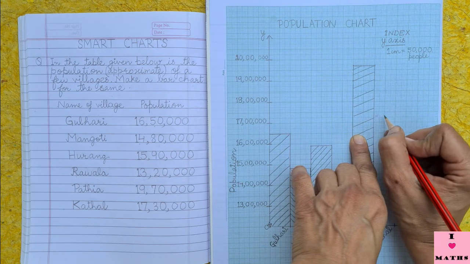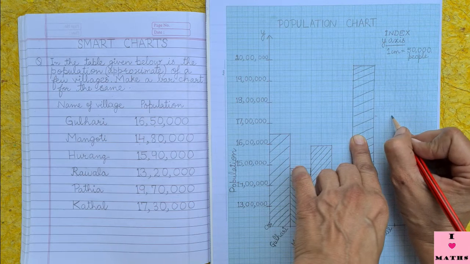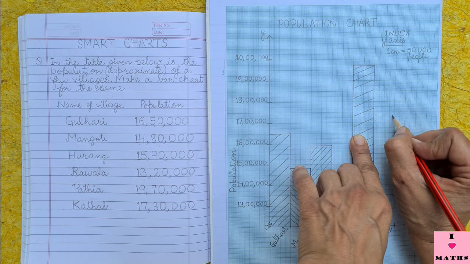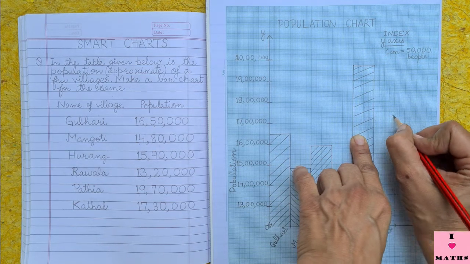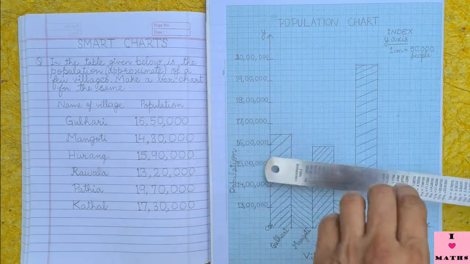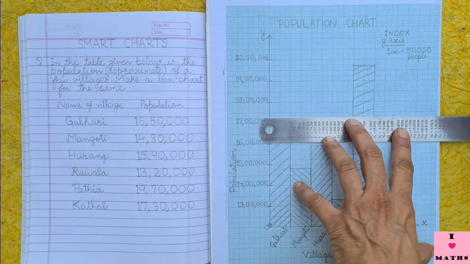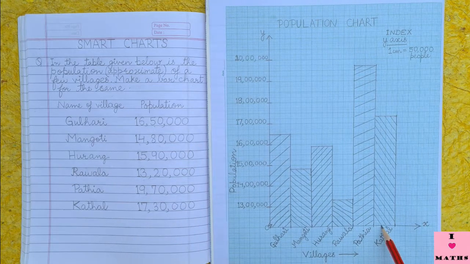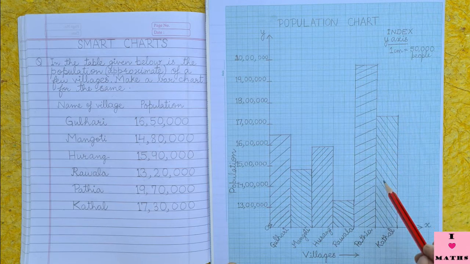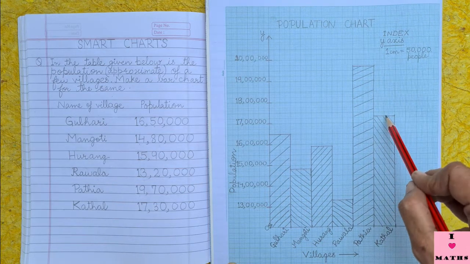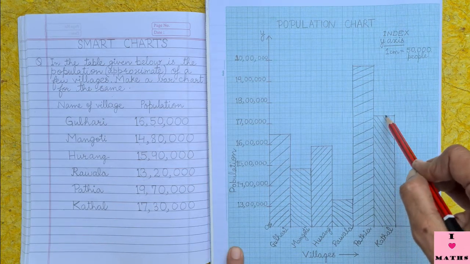So let me draw a small mark here, and now I'm going to draw this bar and show it to you. So children, see, this bar is showing the population of 17 lakh 30,000.